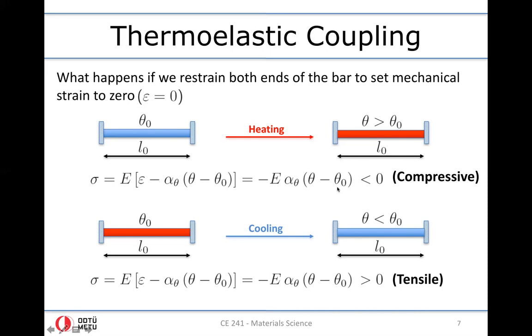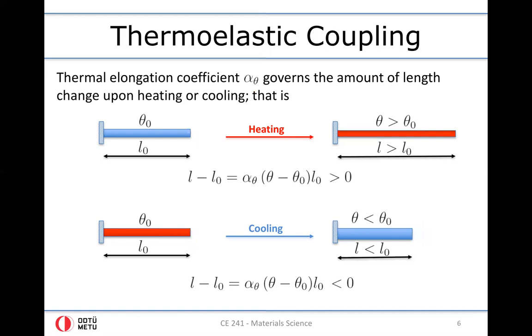You can imagine this also through superposition. For example, in the first place, you can assume that the right end is free. You let the bar elongate under heating to a length, let's say L. And in order to bring the bar to the initial position, you of course need to apply a compressive force to bring it to the original length L0.